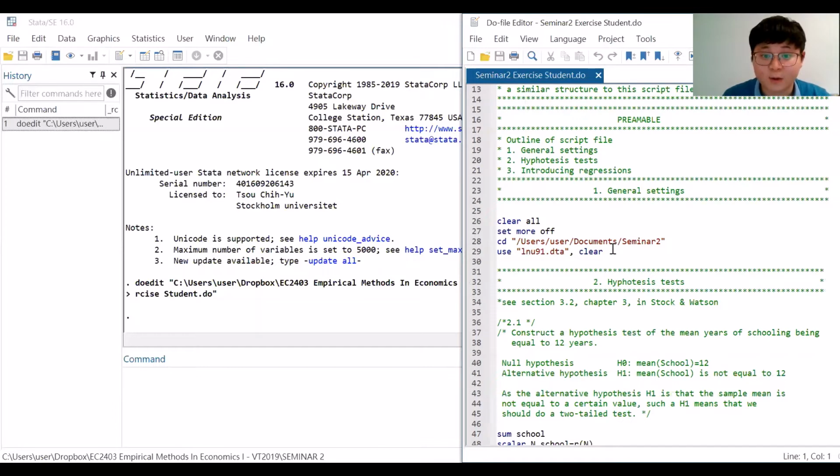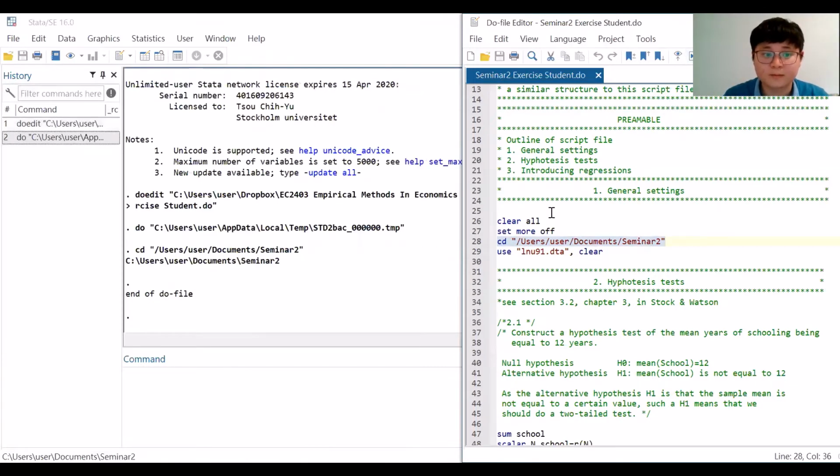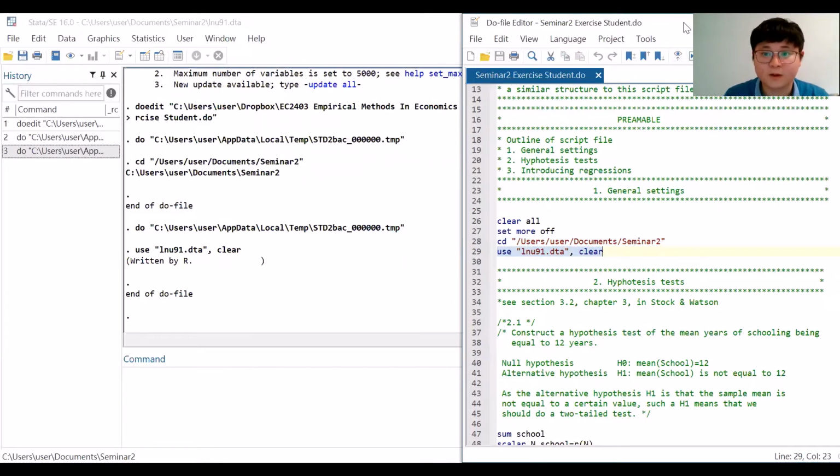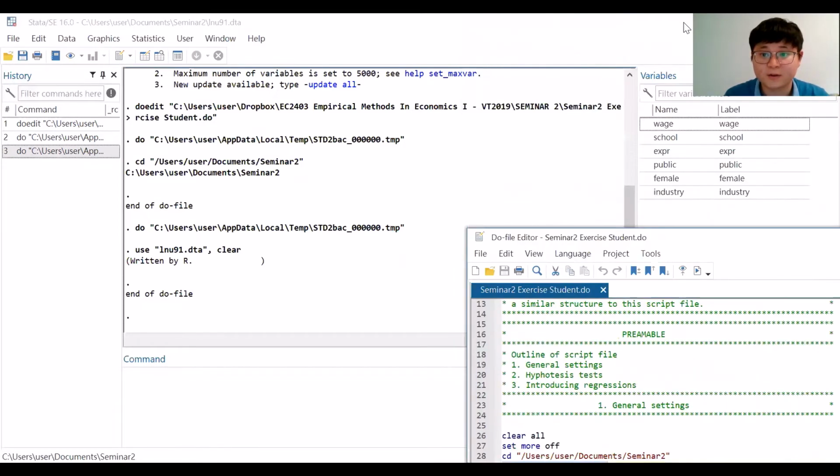Now I will set my working directory and also import the data. As you can see in the variable panel here, we have already imported the data.